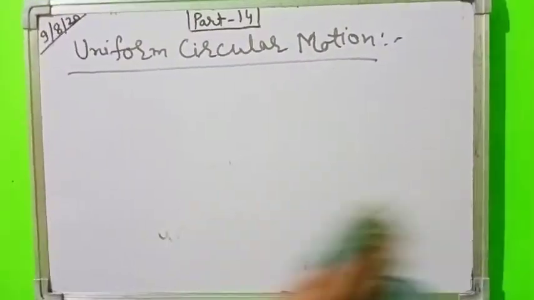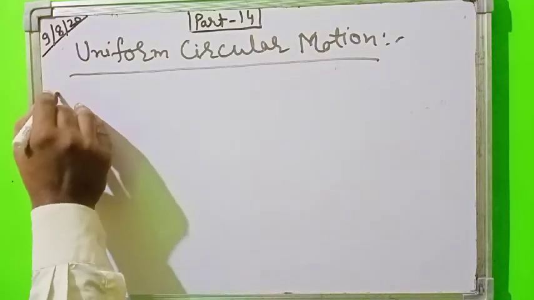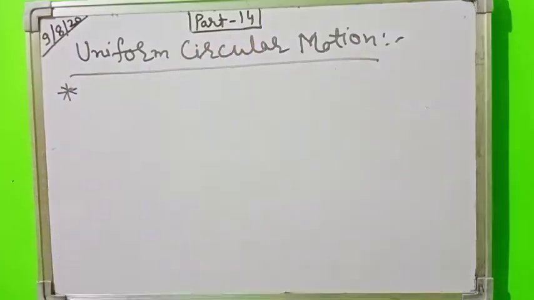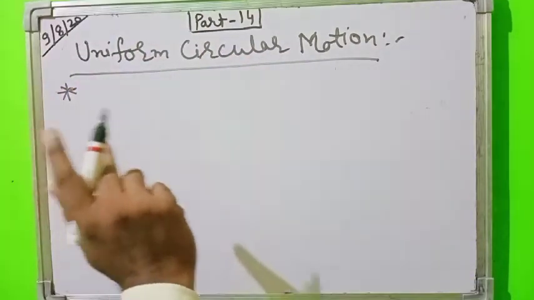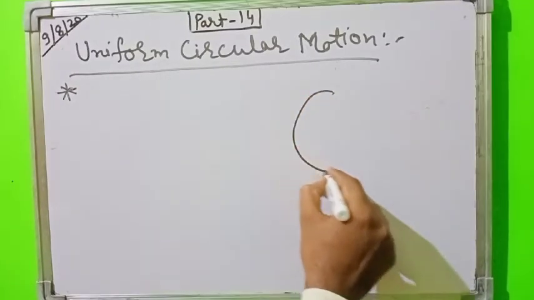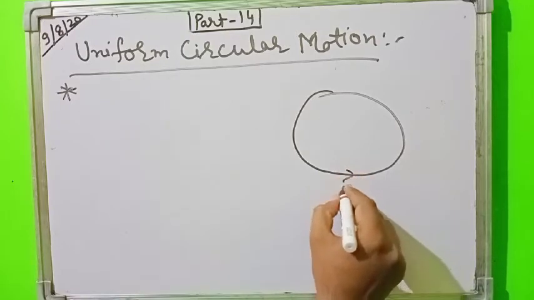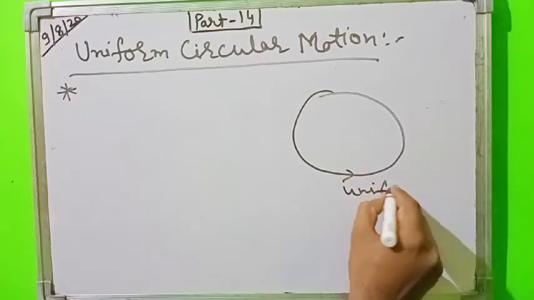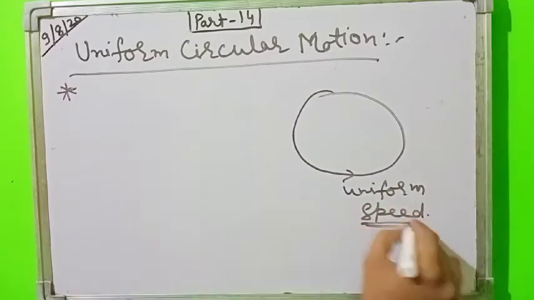What is uniform circular motion? As is clear from the name, it is any object which is making a circular path with uniform speed. Now look here, students.